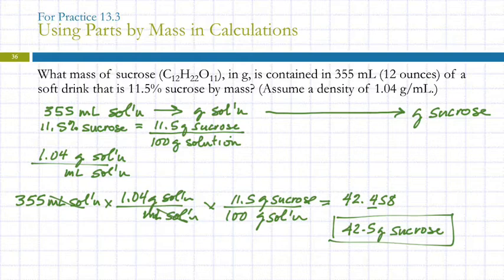Is the soft drink mostly water, so can we convert the 355 milliliters to 355 grams? No, the 355 milliliters is the volume of the solution. So the amount of water in there is less than 355 grams, because the rest of it is the sucrose.